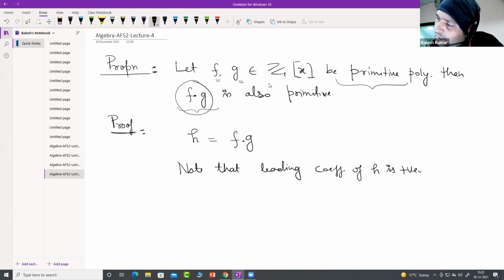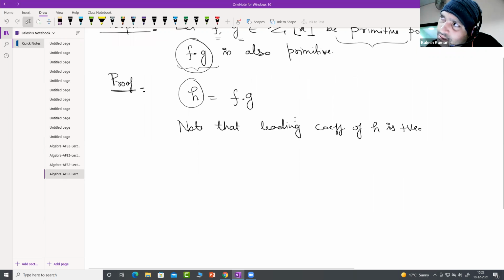In order to show that the coefficients do not share any common factor except the units, we need to show that if we take any prime integer p, then this prime should not divide all the coefficients of h. If we can show this, then they do not have any common factors except the units, of course.